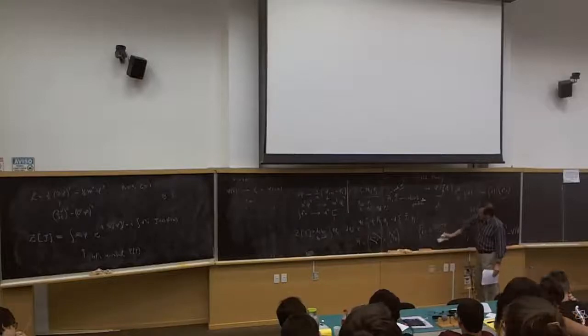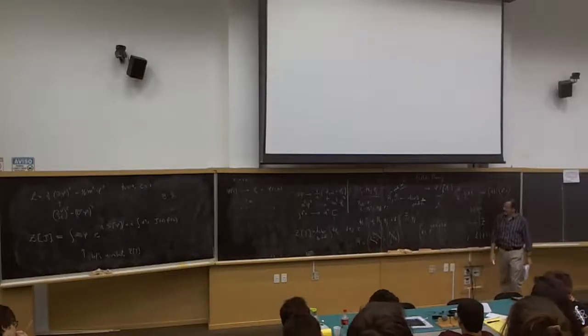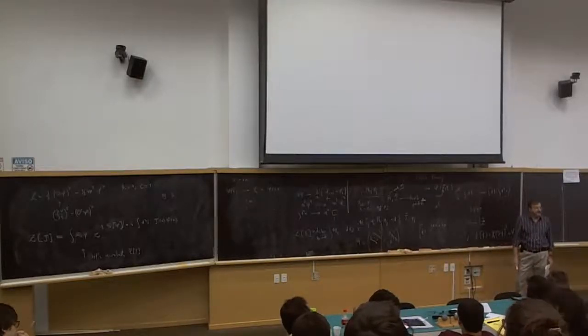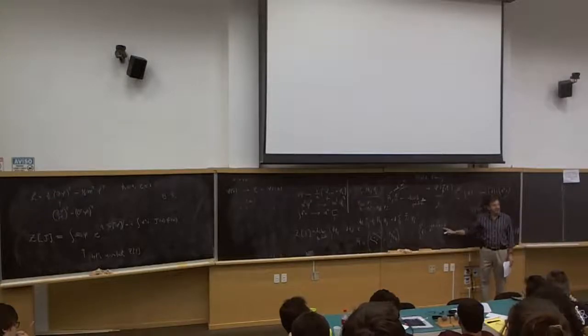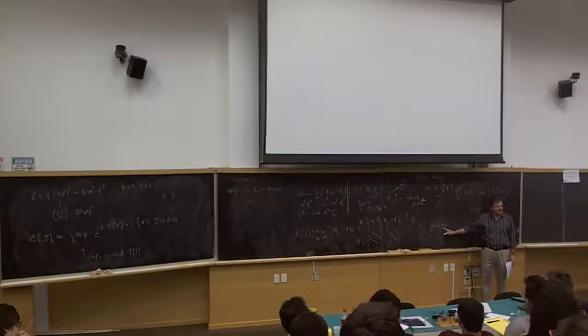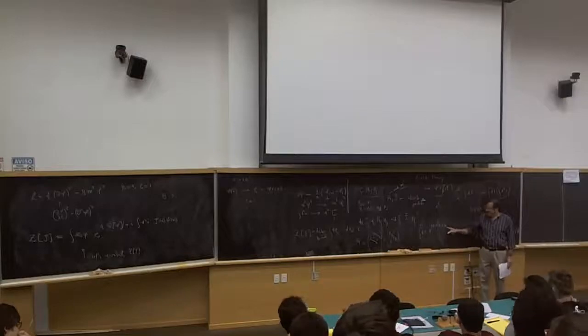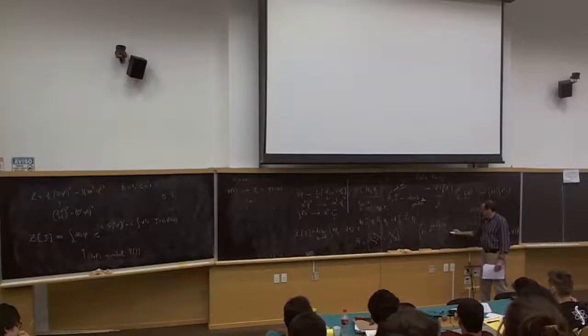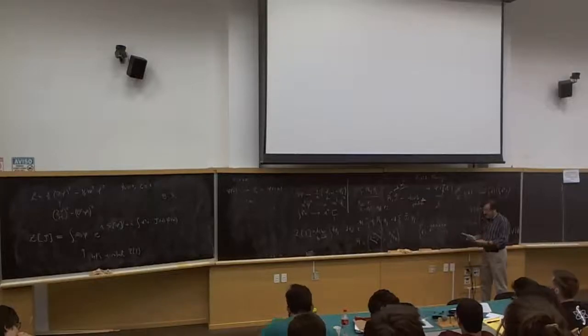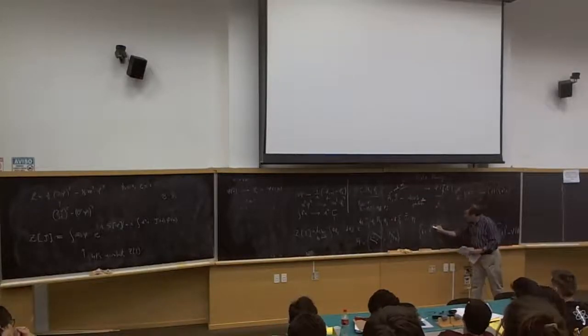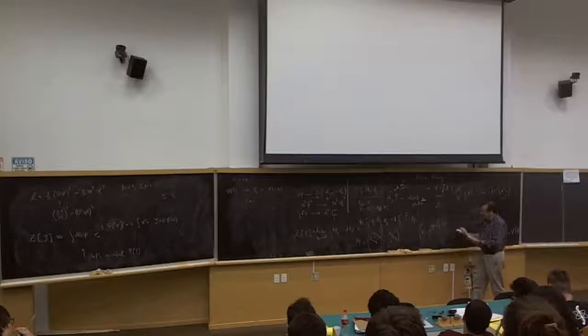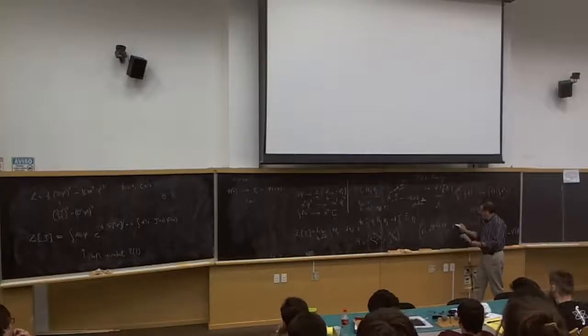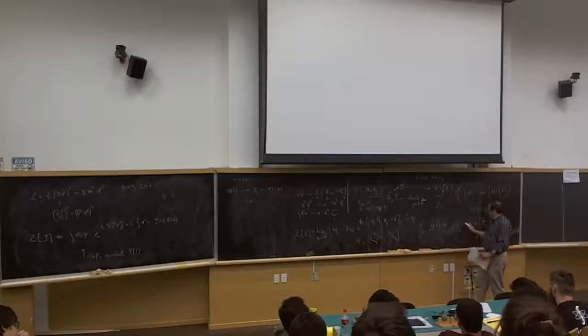Actually, you have done something with that. How do you do that? You complete squares, and then you get here the square root of 2 pi over a, times e to the b squared over 2i a.